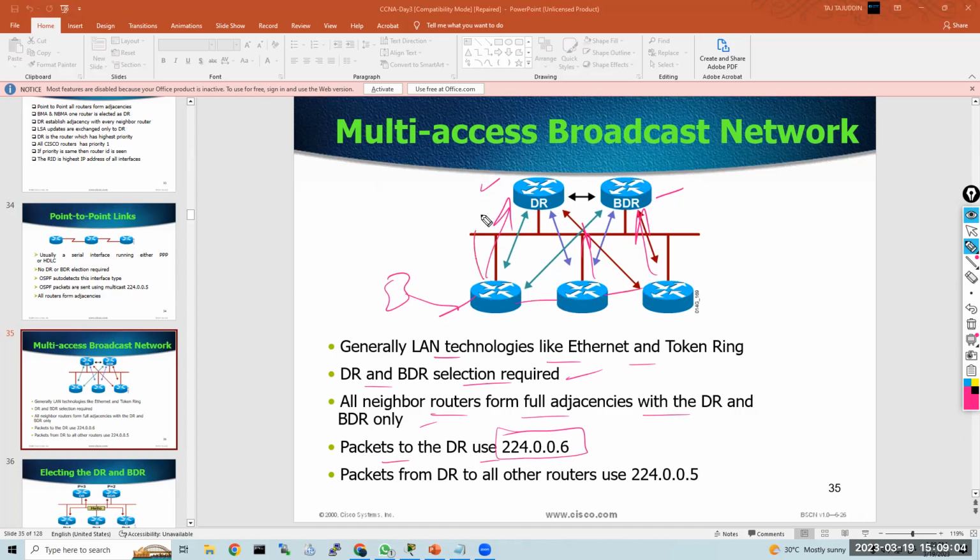You can send only to the DR, using which IP? 224.0.0.6. Packets are sent from the DR to all the routers using 224.0.0.5. It means this is a new network, please take this update to your routing table. Just informing that this guy has a new network added in their organization. Please take this update. Understood, guys? Yes.